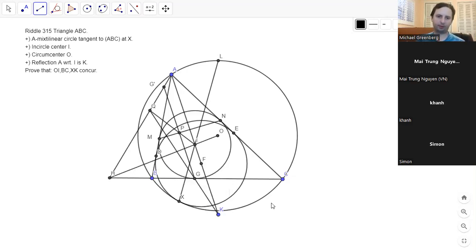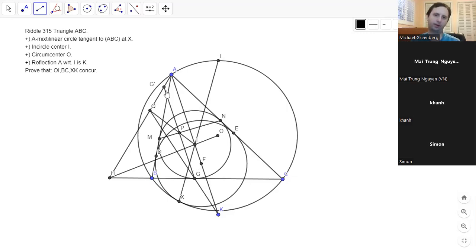So yeah, maybe I'll hide this one for now. So yeah, maybe there's some kind of homothety we could do to show that these are collinear, if we know that these are parallel somehow. So yeah, GG prime is parallel to AK.